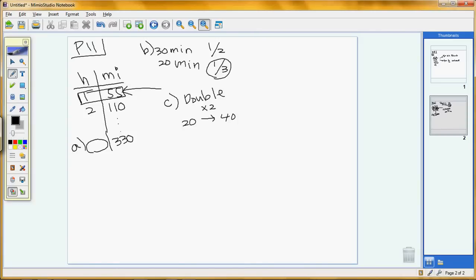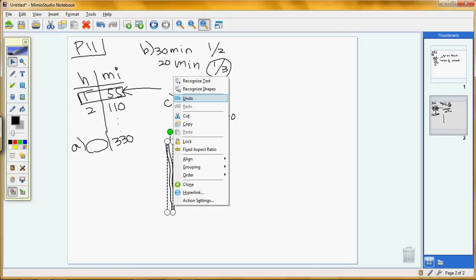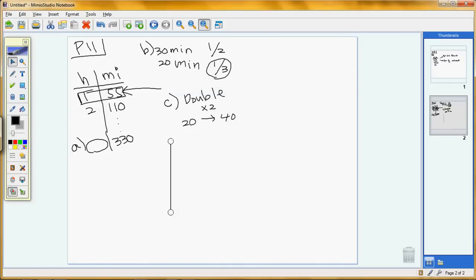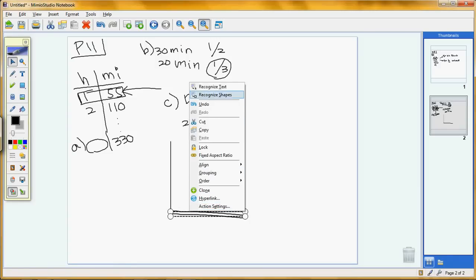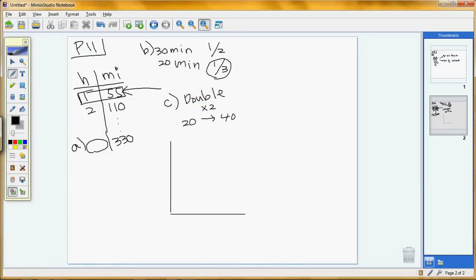D. Draw a graph of the number of miles traveled against the number of hours traveled. So we're going to have some graph like this. We only need the first quadrant. We'll have hours here and miles here, and this is 0.